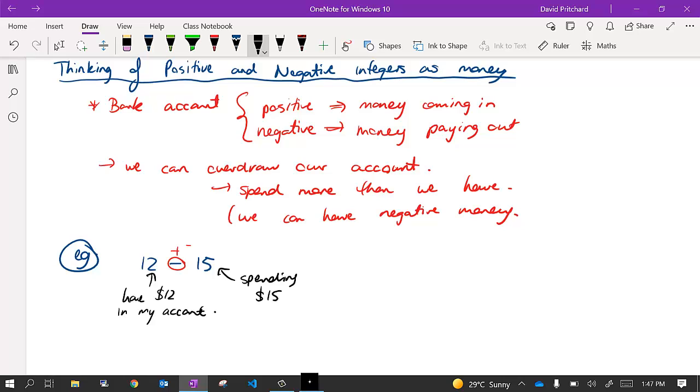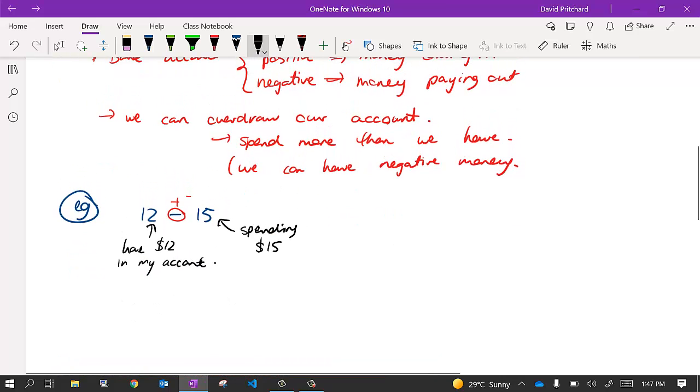Or will I be keeping some money and having some positive value? When we think about it that way, most people go, okay, that makes sense. I've got 12, I'm spending 15, so I'll spend 12 of that, and then I'll still owe $3. It's still that 15 take 12. We know the difference is 3, but I'll be owing $3, so it'll be -3.